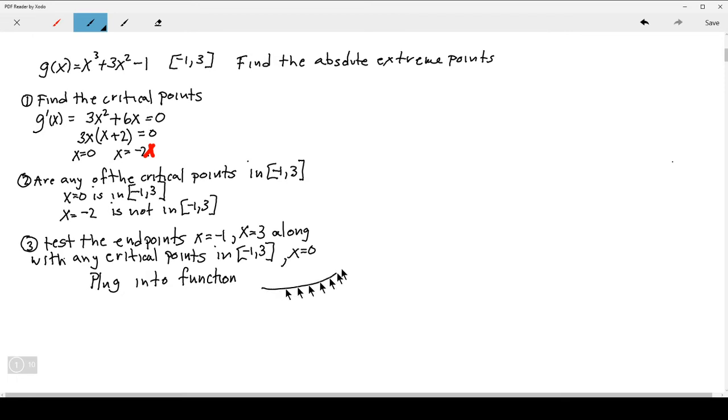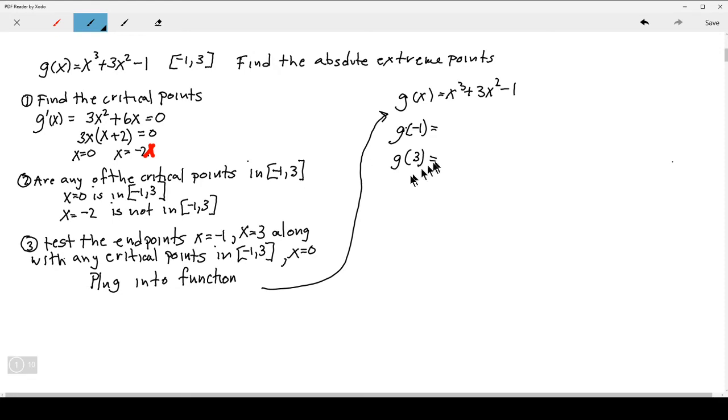So I'm going to come up here. My function is, and I'll rewrite it up here, g of x equals x to the third plus 3x squared minus 1. I need to figure out what is g of -1, that's one endpoint, what is g of 3, the other endpoint, and then also g of 0, the critical point that's inside the interval.